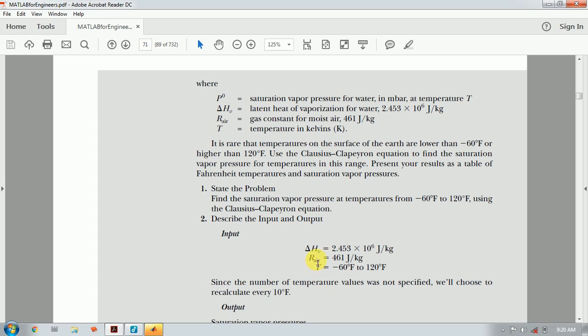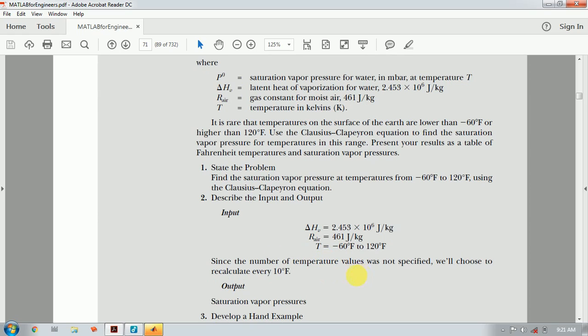Second, describe the input and output. Input: ΔHv equal to 0.453 times 10^6 joule per kilogram, Rair equal to 461 joule per kilogram, and temperature from minus 60 degrees Fahrenheit up to 120 degrees Fahrenheit.